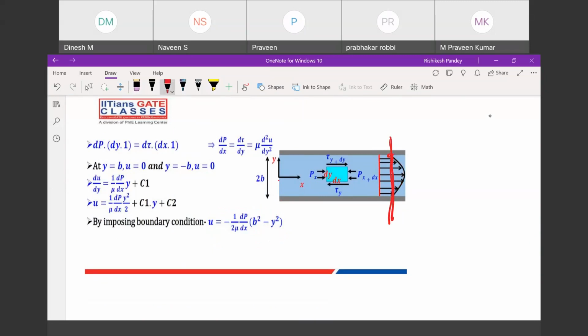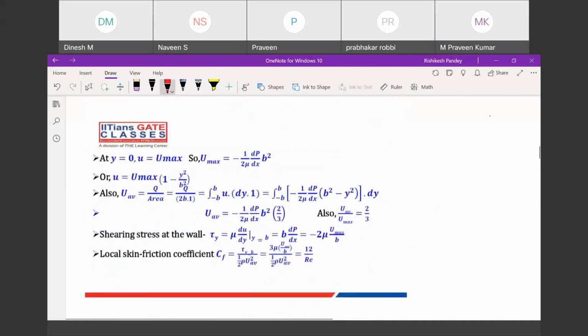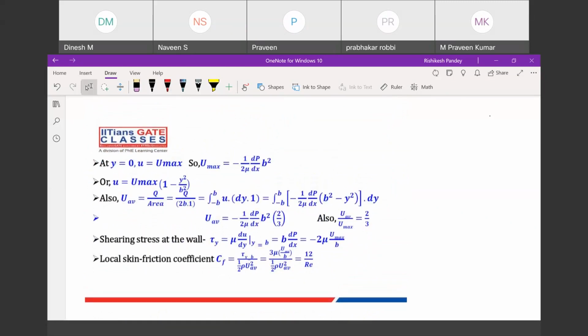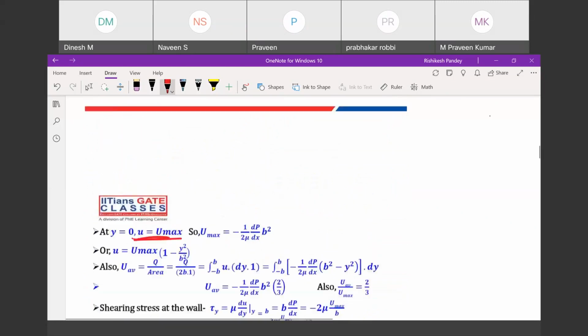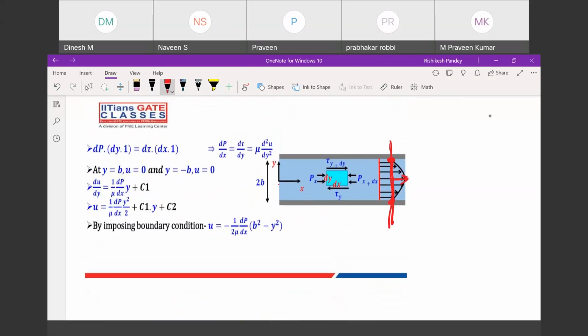So at the ends, the velocity is 0 because of the no slip boundary condition. At the center, it will be maximum. Now, if we want to calculate maximum velocity, maximum is at the center only, where the coordinate system is.